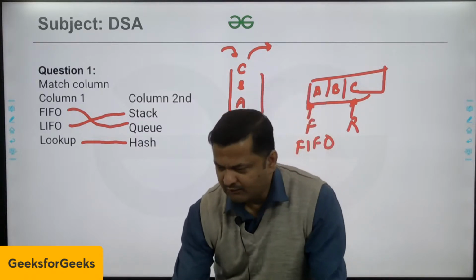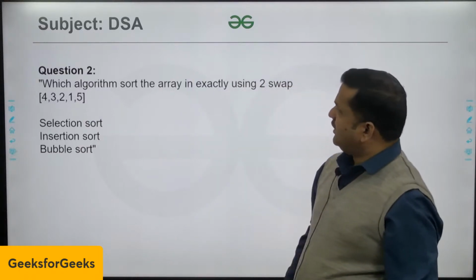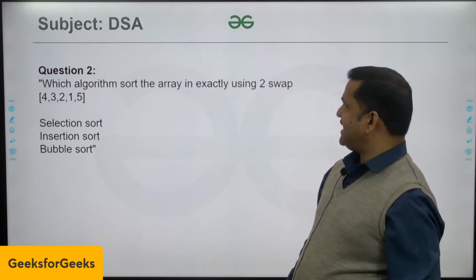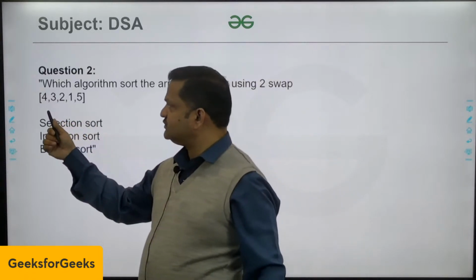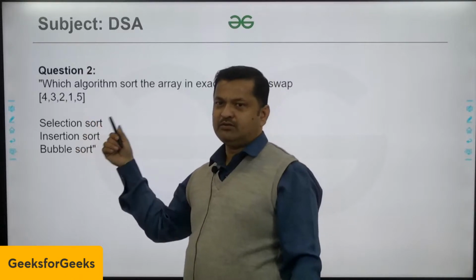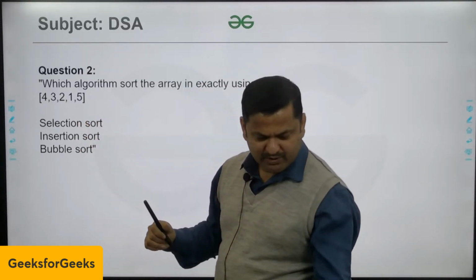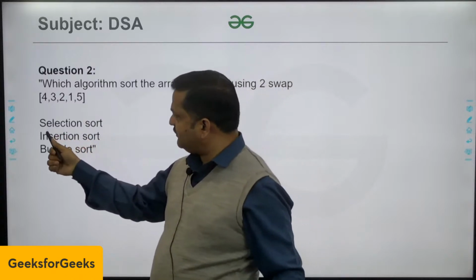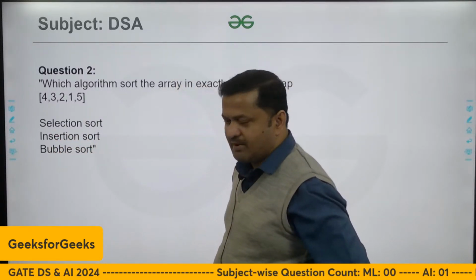Now we have another question, which says: which algorithm will sort the array using exactly 2 swaps? The given sequence is 4 3 2 1 5, and we need to sort in ascending order. We are given 3 algorithms: selection sort, insertion sort and bubble sort.